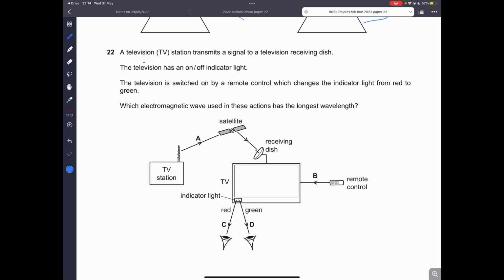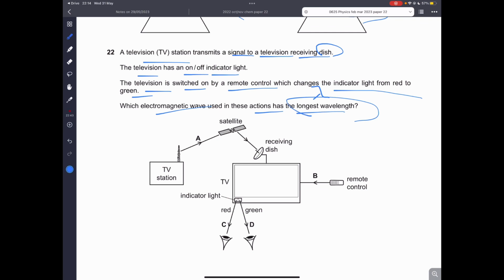Question 22. A television station transmits a signal to the television receiving dish. A television has an on and off indicator light. The television is switched on by a remote control, which changes the indicator light from red to green. Which electromagnetic wave is used in these actions and has the longest wavelength?